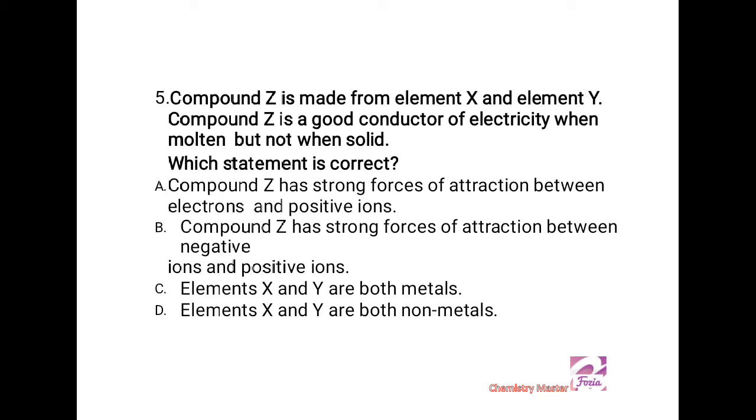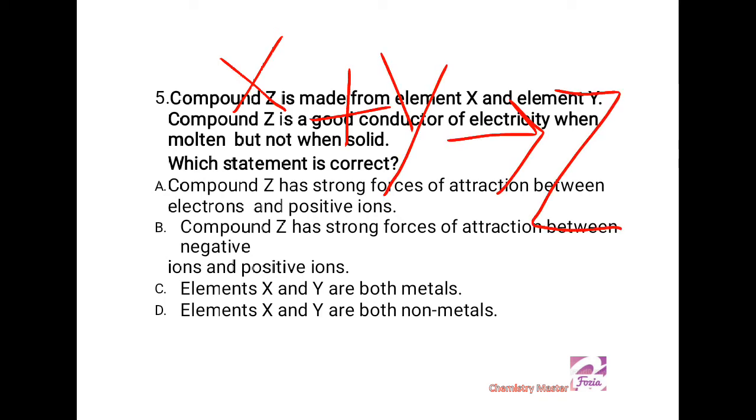Now MCQ number 5, compound Z is made from element X and Y, means when element X combines with element Y, a chemical reaction happens and Z is formed, right?